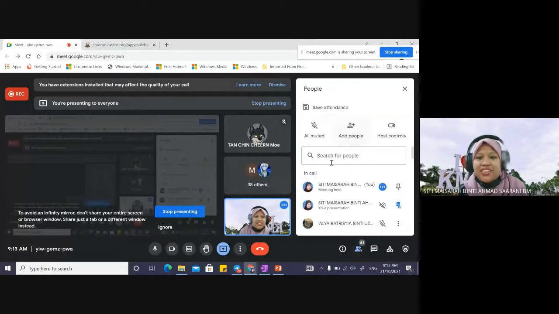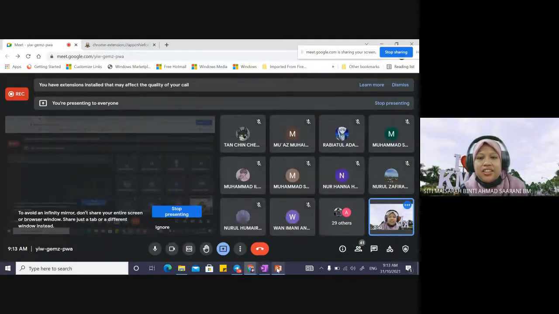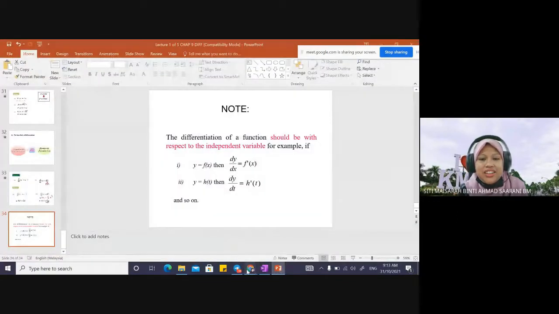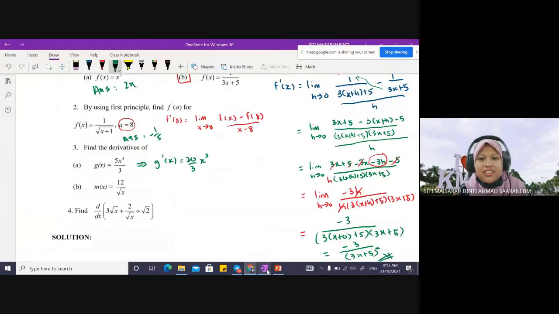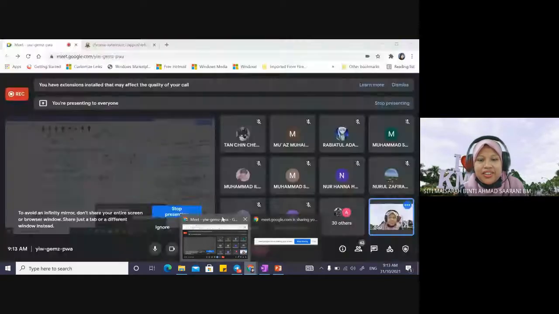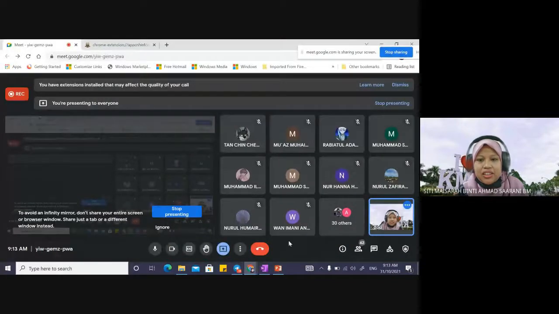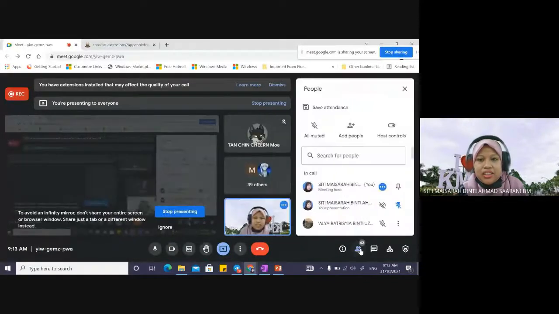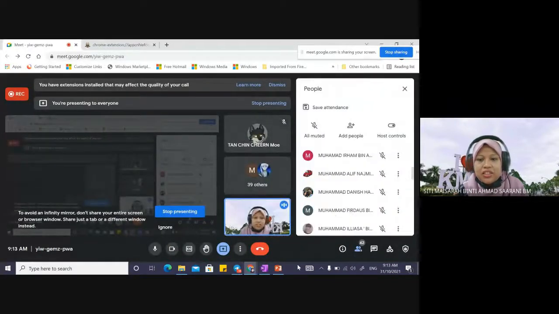Hidayah. Hidayah pula. Hidayah? Ada? Tak mengaku juga. Mana pergi semua? Muaz ada Muaz?